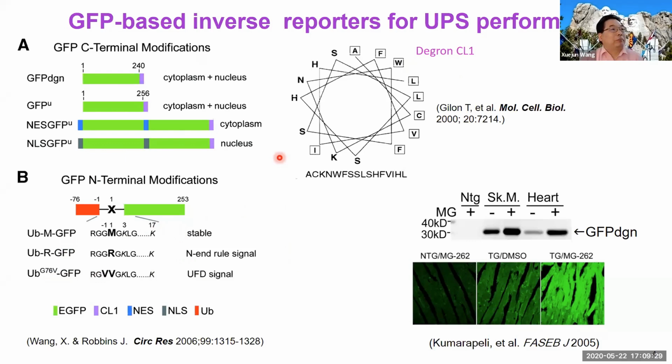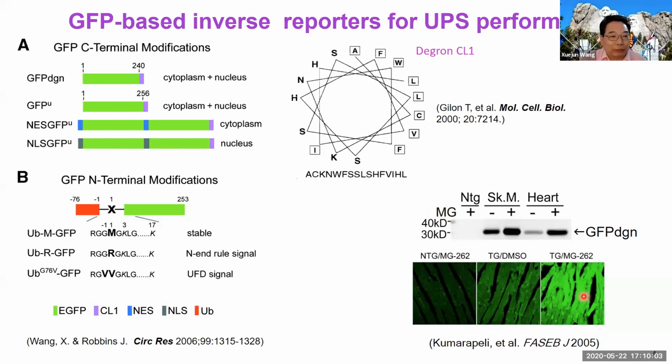In my lab, we primarily use GFP-u or GFP-dgn because at a very early beginning of my career, we created an adenovirus vector that can introduce GFP-u into cultured cells called myocytes. We also created a ubiquitous transgenic mouse model that overexpresses GFP-dgn. Here it shows that this GFP-dgn mouse responded to proteasome inhibition with MG262.